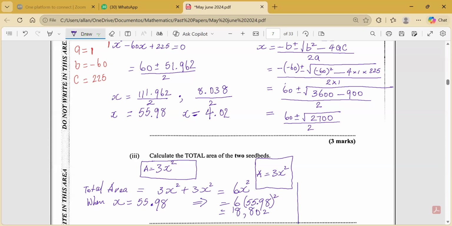And given when the area, we said the area is 6x squared, all right? This is 3x squared plus 3x squared.